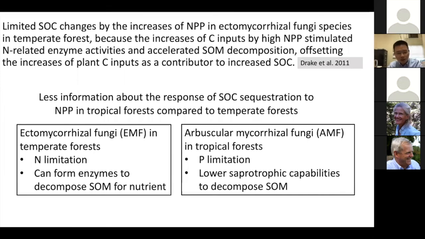But in tropical and subtropical forest, it is limited by photosynthetic availability. And also for mycorrhizal species, like the EFM species, they can form enzymes to decompose SOM for nutrients. But the AMF species has lower capability to decompose SOM.